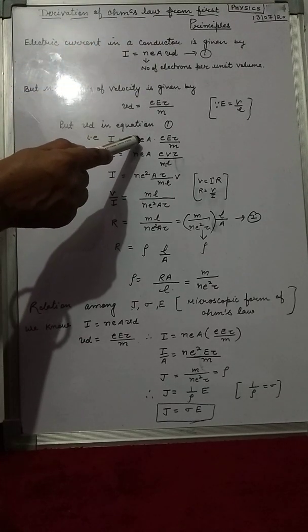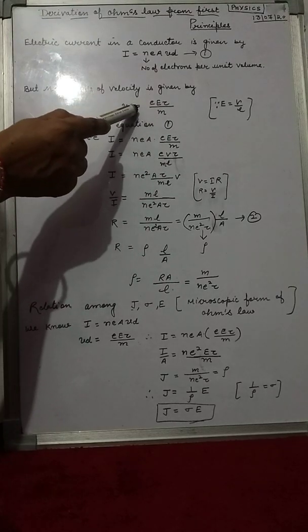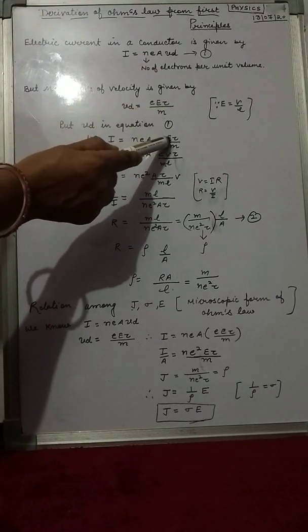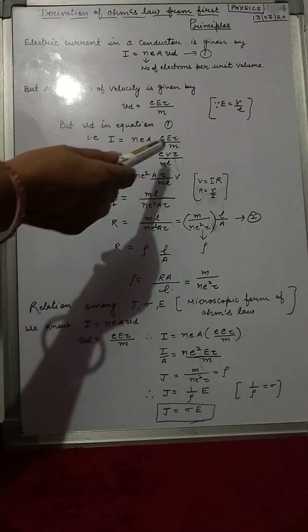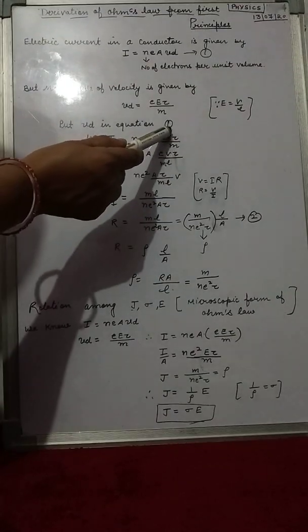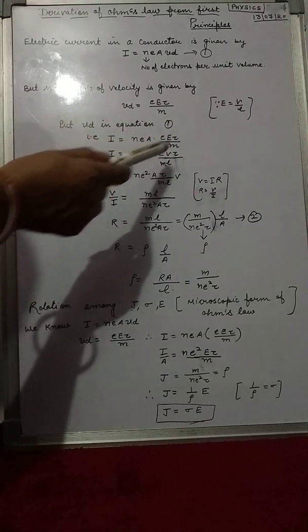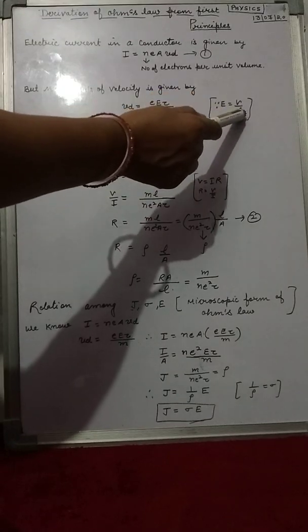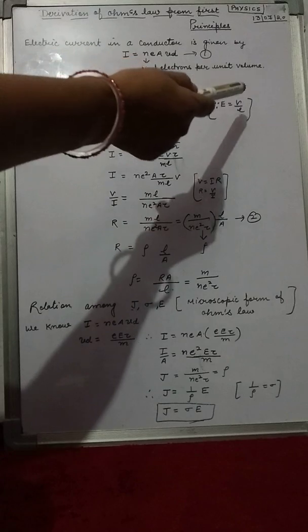Therefore I = nAe times eEτ/m. Now from here, we will put the value of E. We know E = V/L. We have already derived this also.